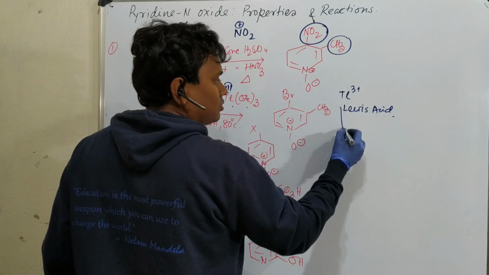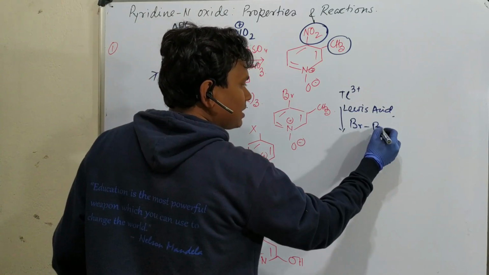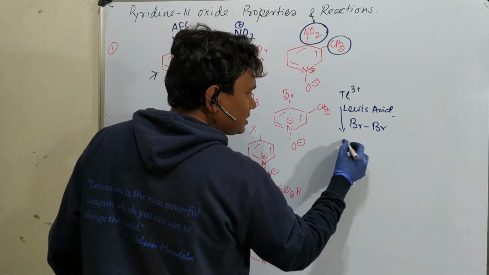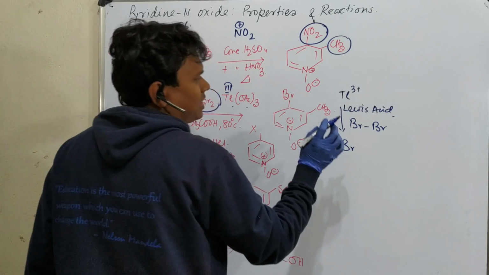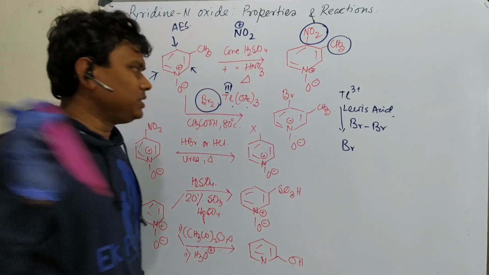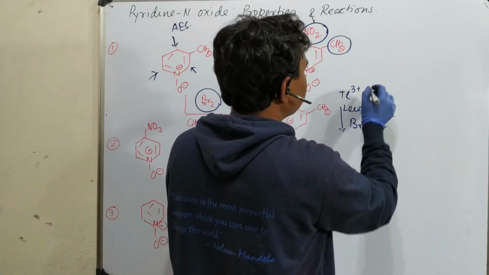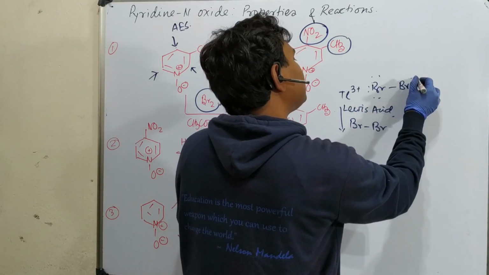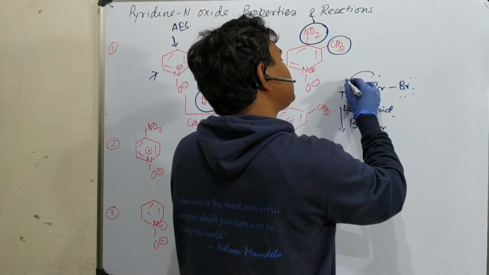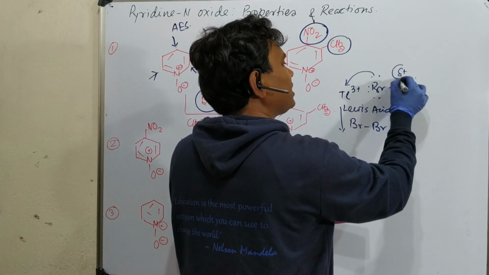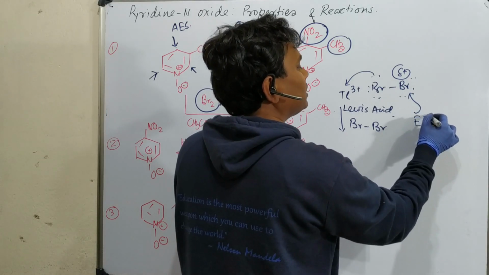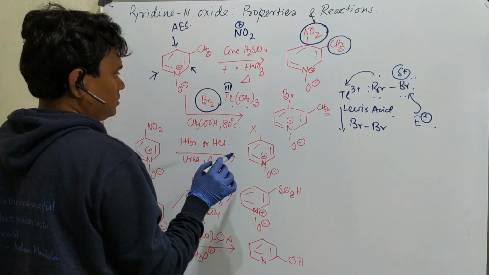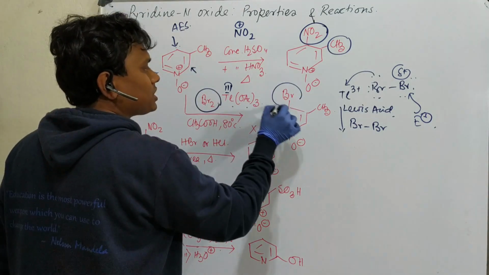Better to say it is not in this way, that would be a little illogical. Better to say that this Br coordinates, so a delta positive is generated, and this center acts as the electrophile for the bromination at this position. So bromination happens here.